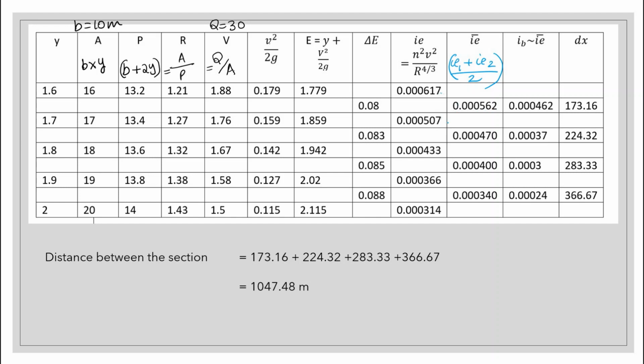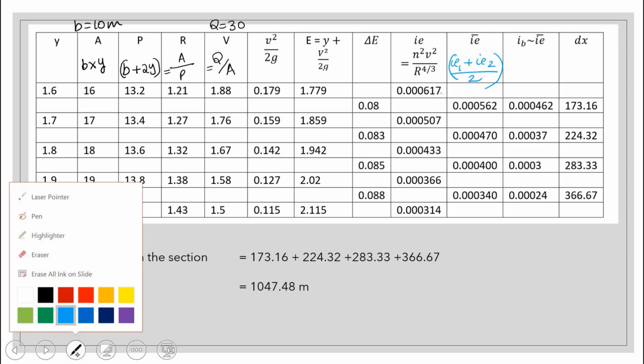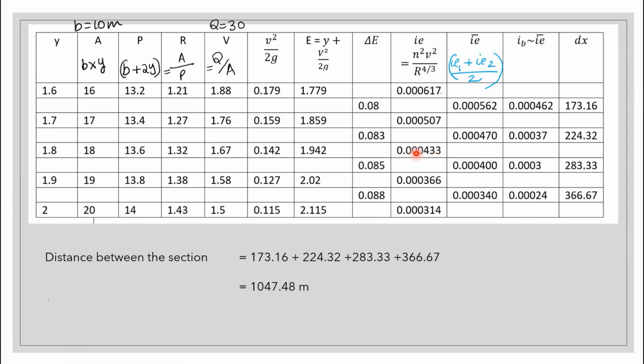Okay, so the average of these two slopes, 0.00470 and 0.00433, is 0.0004, and similarly we will find the average by adding both and dividing by 2.